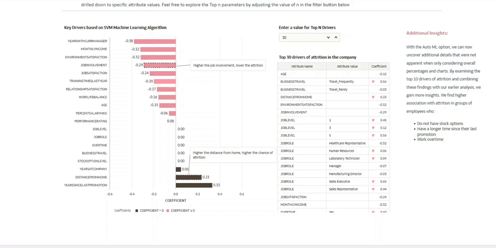But coming back to this plot, we see variables like job involvement and years since last promotion were not in the first section where we discussed the charts. These are the hidden insights, which was possible with the application of machine learning within Oracle Analytics. I think this is a super powerful way to analyze the data.